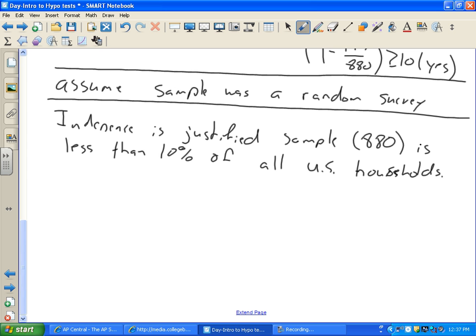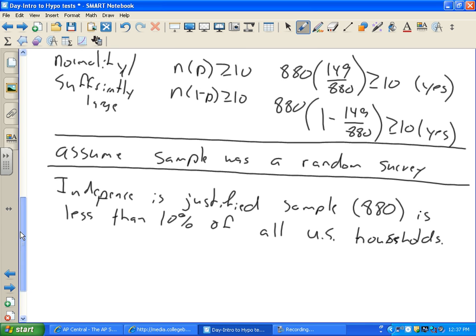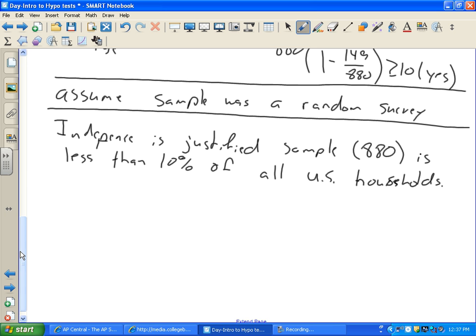Can you put the population of US households greater than 8,800? Yeah, that's fine. That's independence there. Independence is justified because the sample, which is 880, is less than 10% of all U.S. households. Yeah, we've got more than 8,800 households in the U.S.